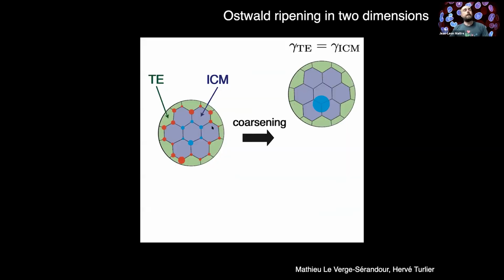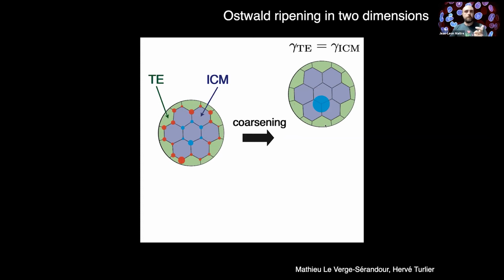So taking a network of microlumens, which are either at the trophectoderm-ICM interface or at the ICM-ICM interface, you can coarsen this in simulation. And if the tension of both tissues is the same, the lumen forms at the ICM-ICM interface, which is not what happens in the embryo. In the embryo, it robustly appears at the trophectoderm-ICM interface.